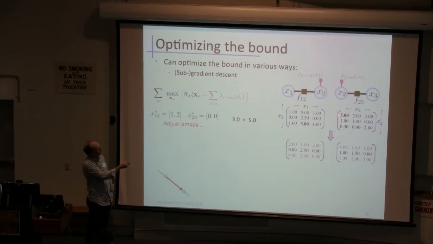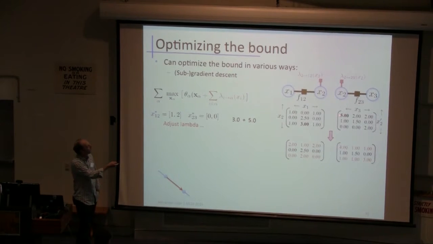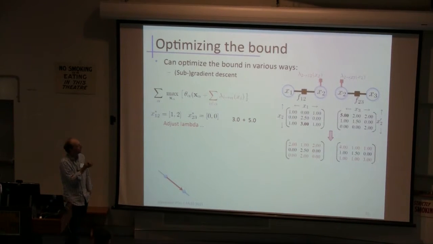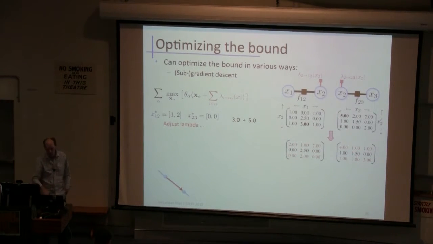So here I subtracted, say, 1 from this row and added it to the other. So lambda of x2 equals 0. I subtracted 1 from here and added 1 to there. And so now we get a new reparameterized pair of functions where we've used this function lambda to change the relative values in these two factors, but leave their sum unchanged overall.